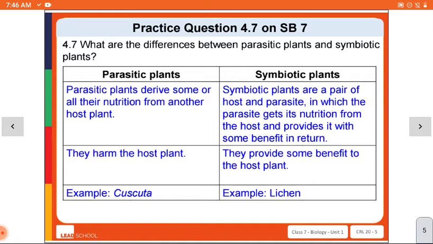For example, cuscuta. Symbiotic plants are a pair of host and parasite in which the parasite gets nutrition from the host plant, but it also gives benefit in return. So they provide some benefit to the host plant. For example, lichen.